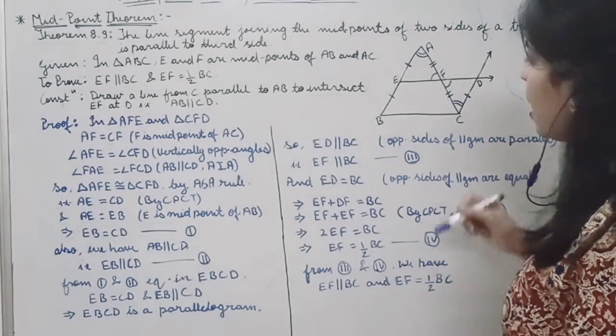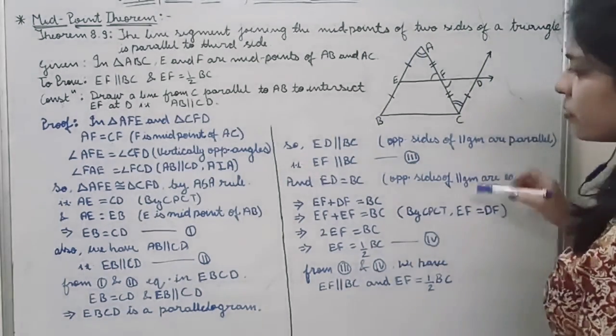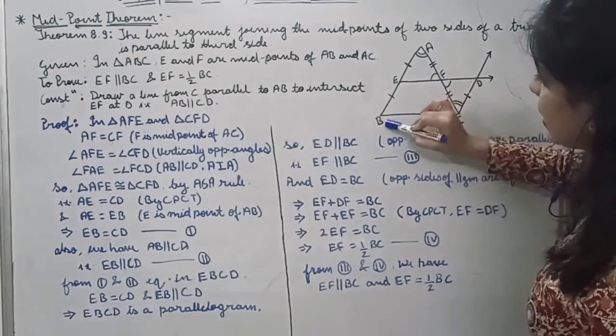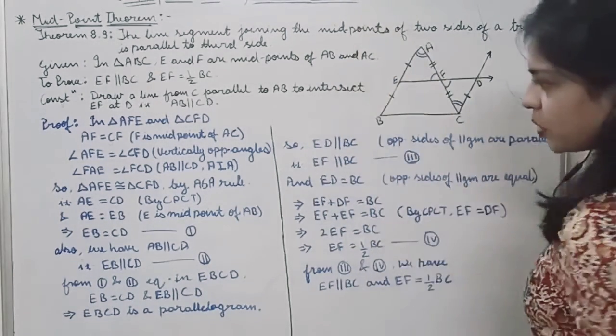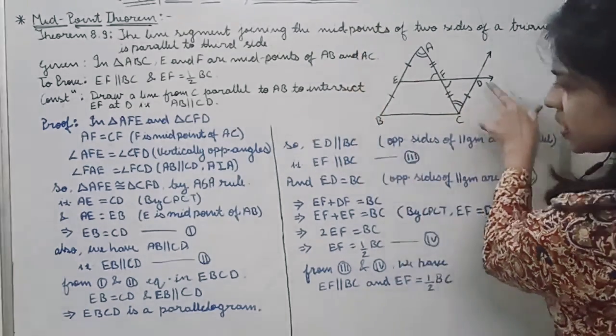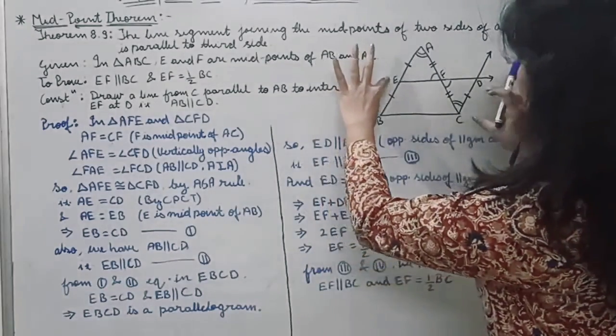Also at the same time we have drawn AB parallel to CD, and clearly from the figure we can see that EB is the line segment which is part of AB. So if AB is parallel to CD, then EB also will be parallel to CD.